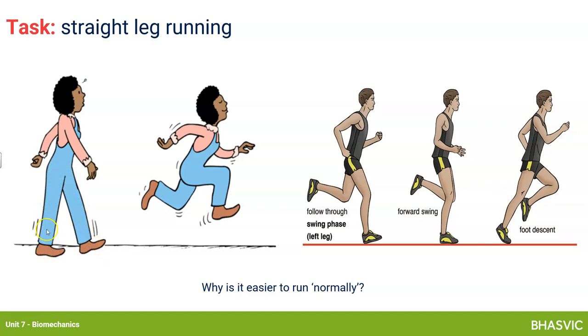So your limbs are spread out quite far apart from this axis of rotation, as opposed to our normal running technique whereby we bend our knee to bring the limb forward. Rather than keeping it straight, we bend our knee, and all of a sudden what we've got is this axis of rotation and our mass being distributed much nearer it. So by bending our legs, we move our limb forward quicker. We have greater angular velocity at the hip joint because moment of inertia has been reduced by bending our leg.